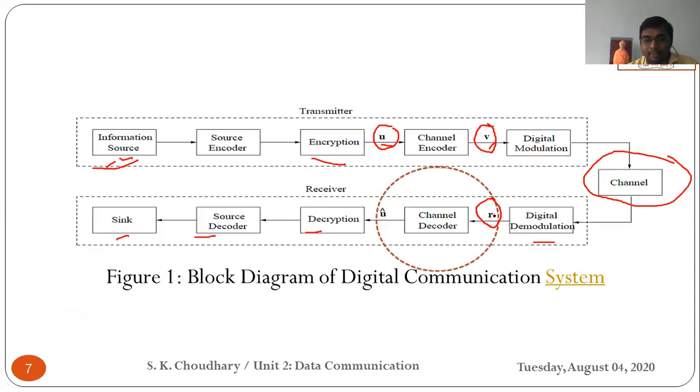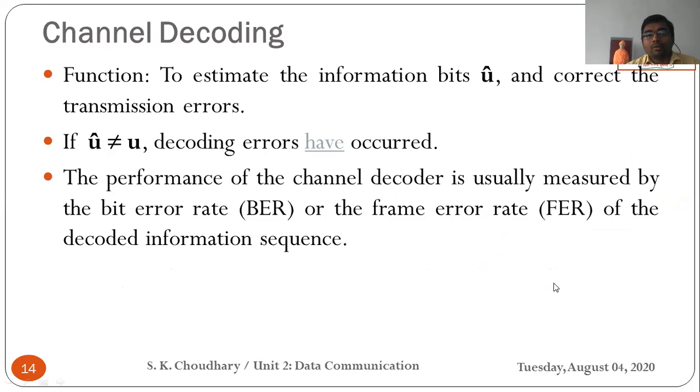So U plus error is R actually, and the receiver estimates U cap, which is not equal to U. By using the BER or FER method we can measure the amount of error.